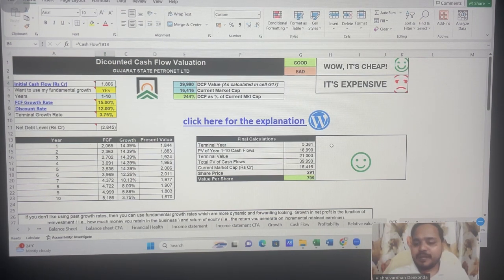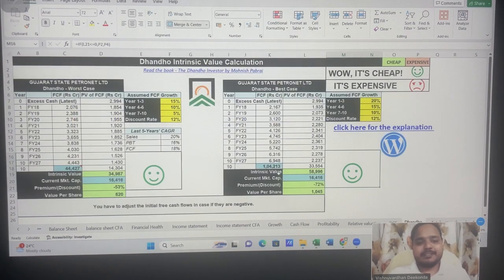So for that reason, I am going to take the same DCF and divide it into two parts, worst case and best case. With worst case, I am going to keep the growth rates very low, and with best case the growth rates will be higher.